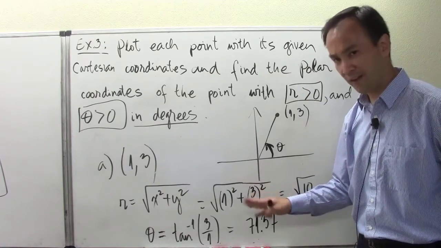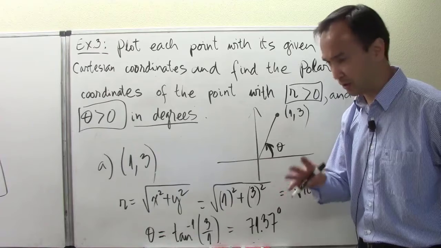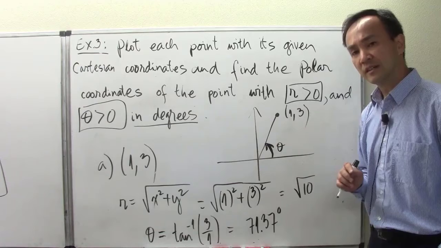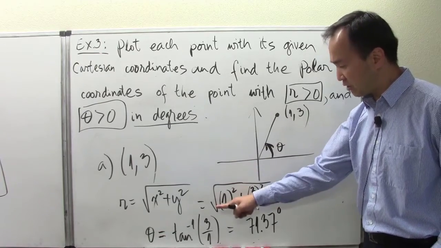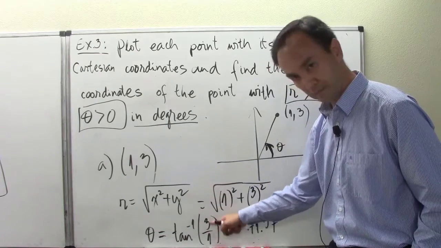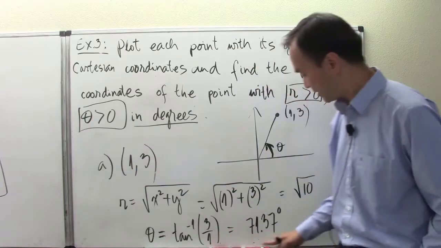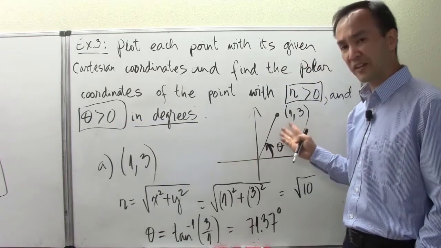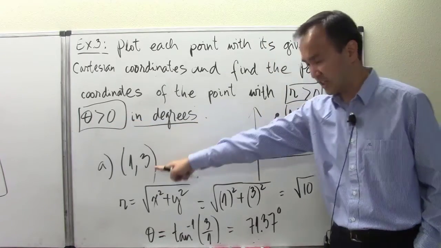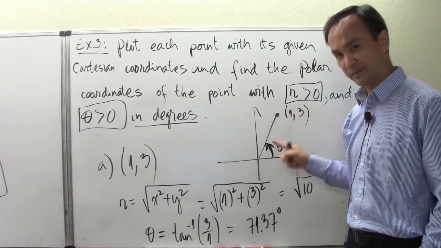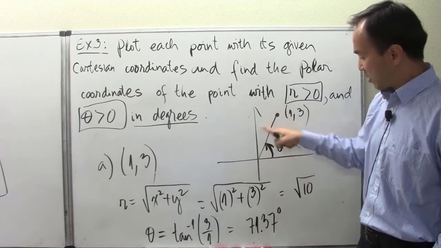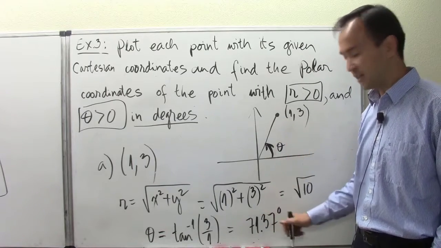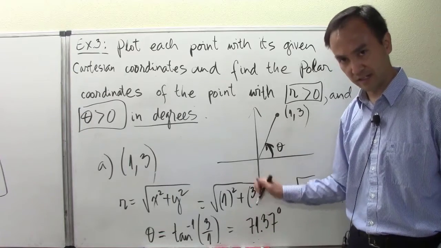How far to round all depends on each problem you're working with. Every problem has a rounding requirement, so watch for your rounding requirements on each problem. Right now, tangent inverse of 3 over 1, y value over x value, gives me this angle right here, and it's a positive angle immediately. It makes perfect sense because our point, the way it's given, is right in quadrant 1. As a positive angle, it's going that way. So 71.37 degrees right here. It's that angle. So now we're done. This is the angle theta that meets our requirements.